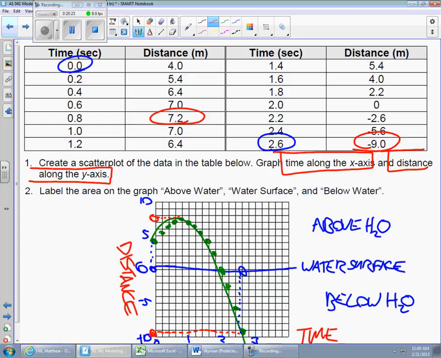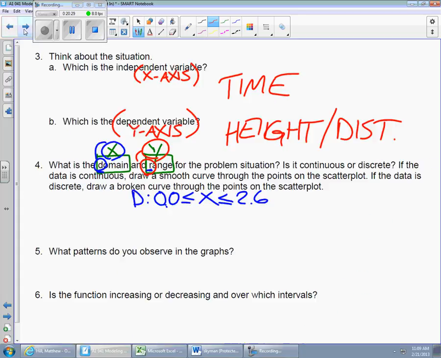So our range is going to begin down at -9, and it's going to continue all the way up to 7.2. So range, this time y values are between, where did it begin? -9.0. Where did we finally run out? +7.2.